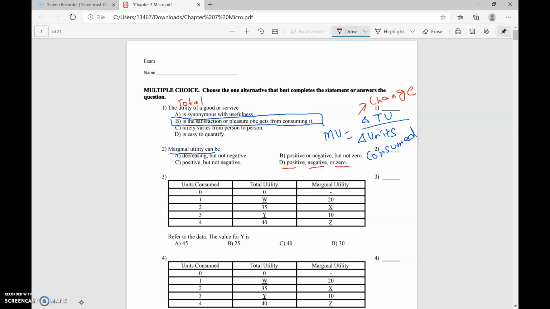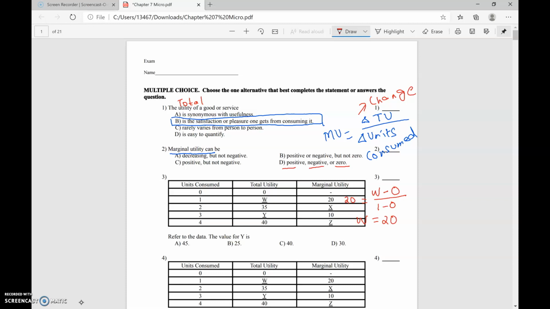Now, I'm going to fill up the blanks here from W all the way to Z. The way I can write 20 here, this number is equal to change in total utility over change in units consumed. That means this W is equal to 20.